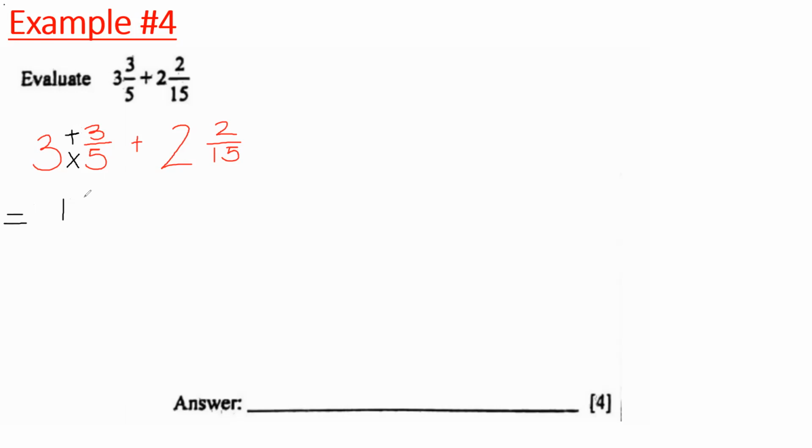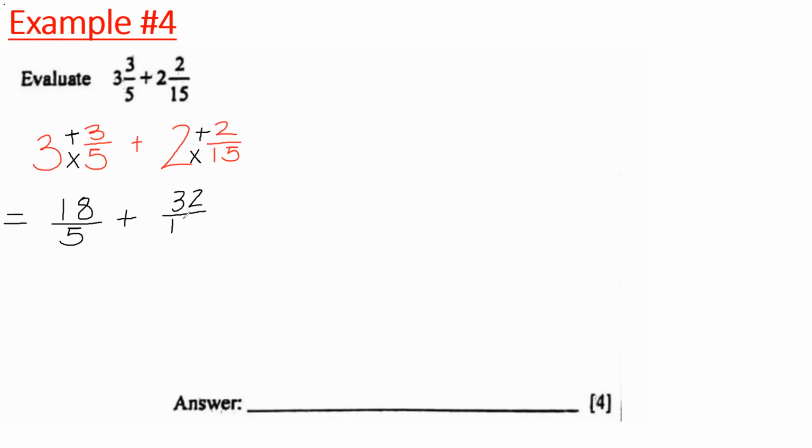So we have 18 all over 5, plus 2 times 15, which is 30. 30 plus 2 is 32. So we have 32 over 15.